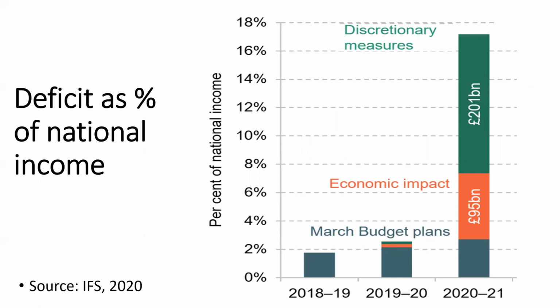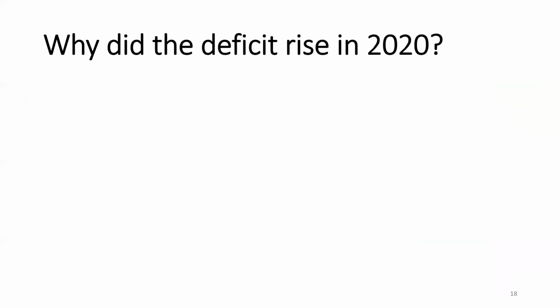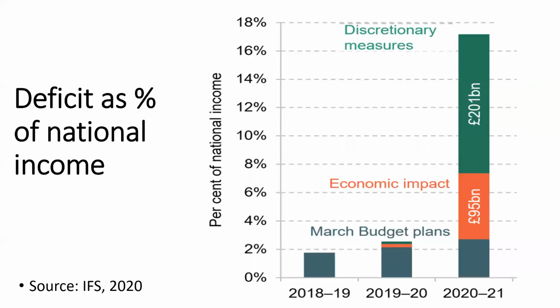Question is, why did the deficit rise so much in 2020 and 2021? The answer we know is because of Corona, which meant all the shops were shut. And as a consequence, people couldn't spend. When people couldn't spend, firms couldn't generate an income. Because people couldn't spend and firms couldn't generate an income, the government wasn't able to generate any taxes.